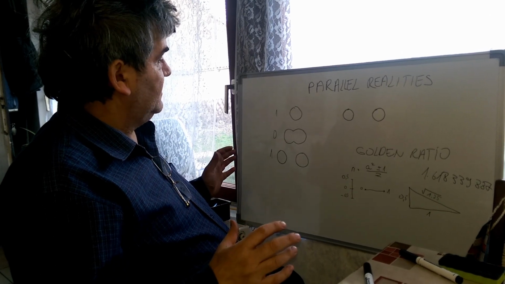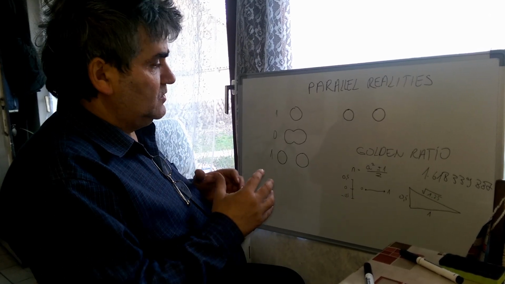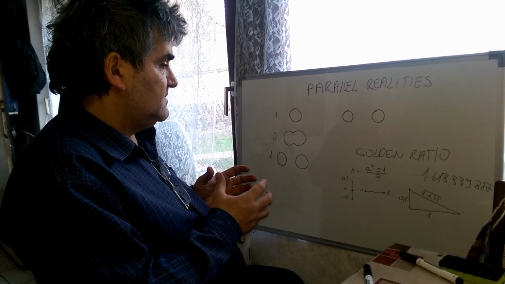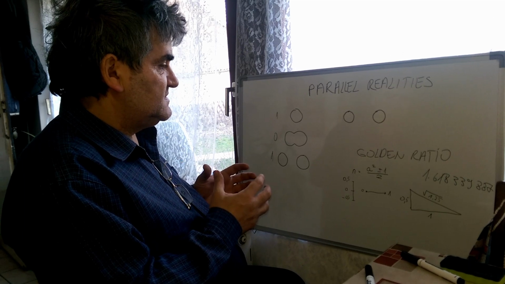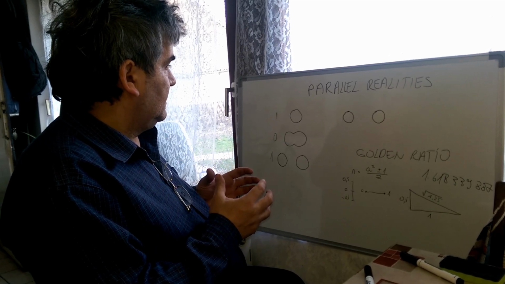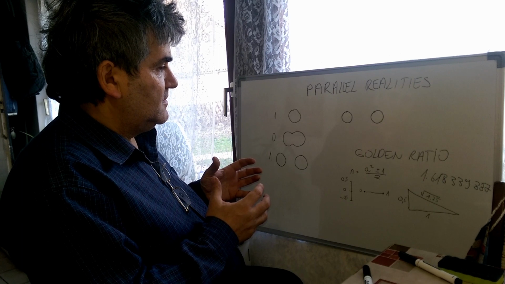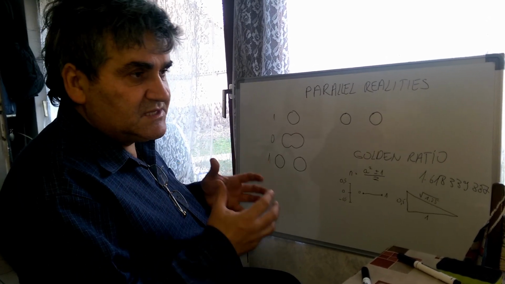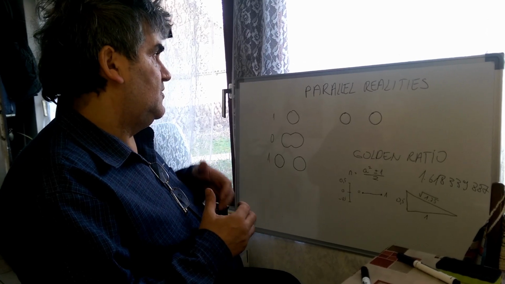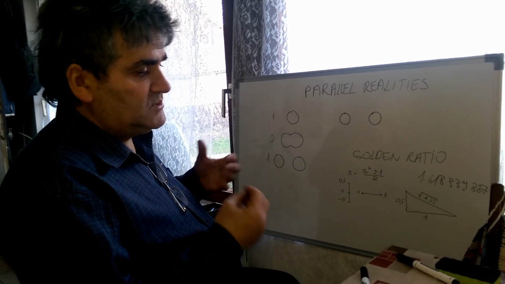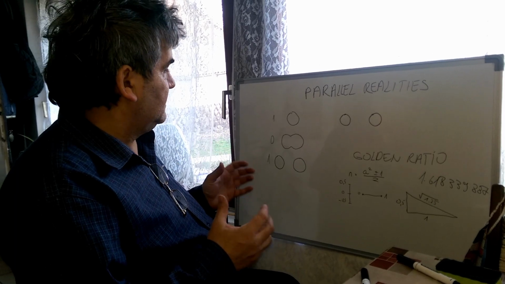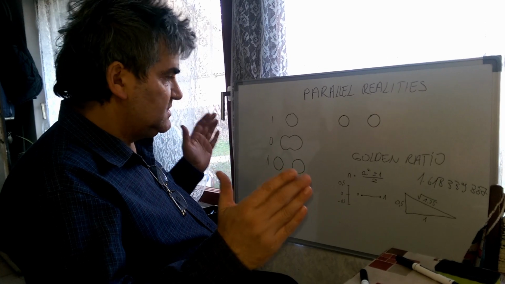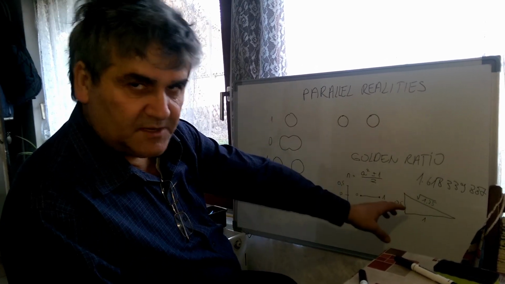In reality, every time something is faced with a neutral state, it's state 0. When we have some doubt about doing something or not doing something, we are in state 0. When we make the choice, then we are in state 1. The time from doubt until we make the choice is the time of the golden ratio.